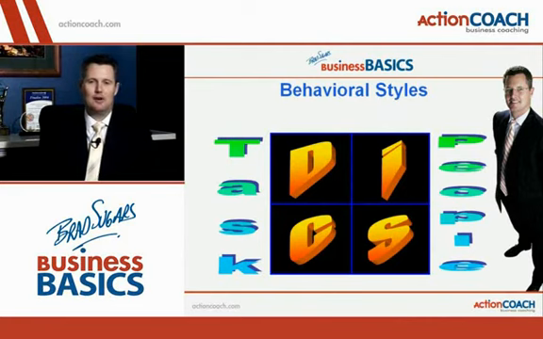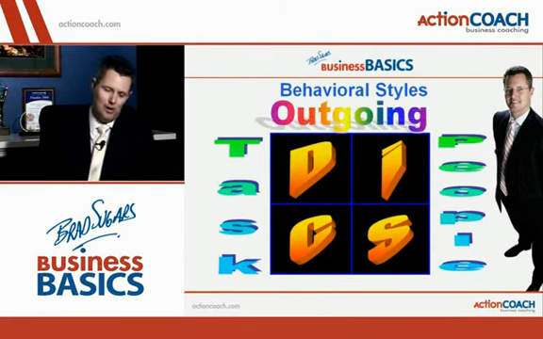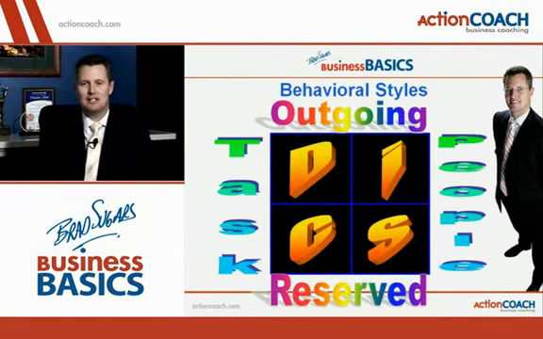At the top of our graph here we have outgoing, and at the bottom we have reserved. So our D's and I's are more our outgoing people, and our S's and C's are more our reserved. So if we came across someone who was people-oriented and outgoing, we know their general tendency is to be a high I. If, however, we found someone who was more reserved and very task-oriented, we know they're the compliance C's.